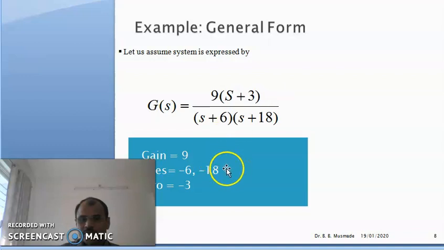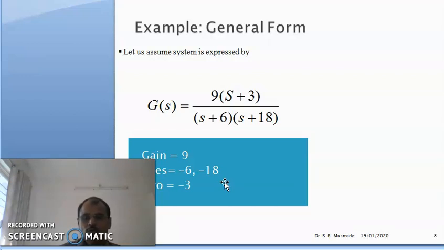I hope this is clear to you, and for that purpose we have to equate each term of denominator or numerator equal to 0 to get the actual positions. So pole locations are -6, -18, and the zero location is at -3.